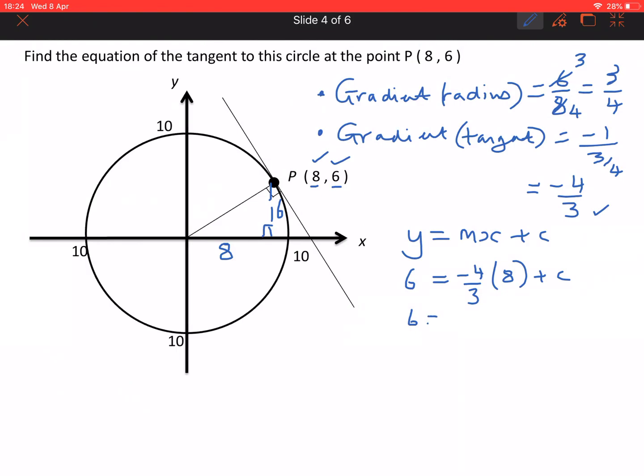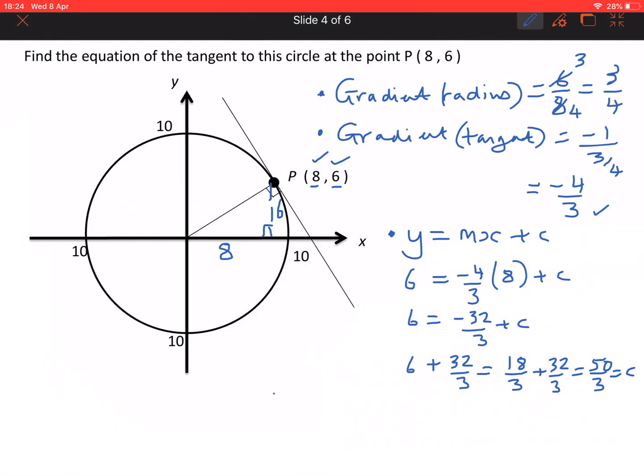So 6 is negative 4 thirds times 8, which is negative 32 thirds, plus c. So therefore, I'm going to have to add on my 32 thirds. I'll change 6 into thirds, so it's 18 thirds plus 32 thirds, which is 50 thirds. So this is c. So that's my third step, to find c.